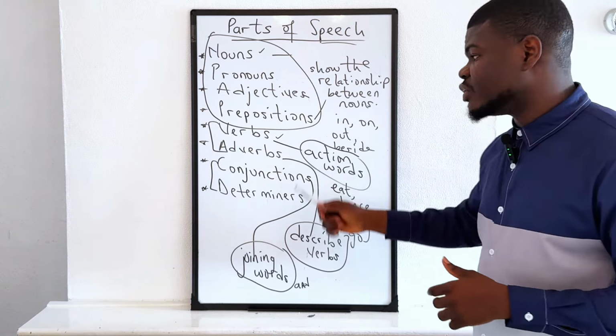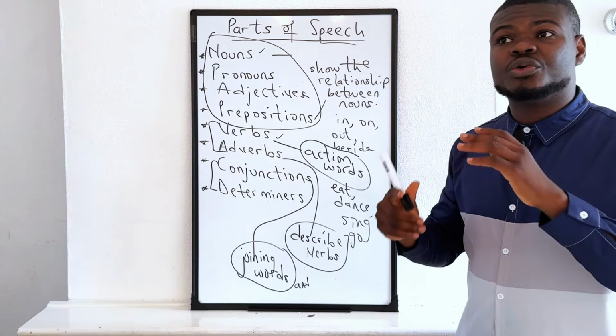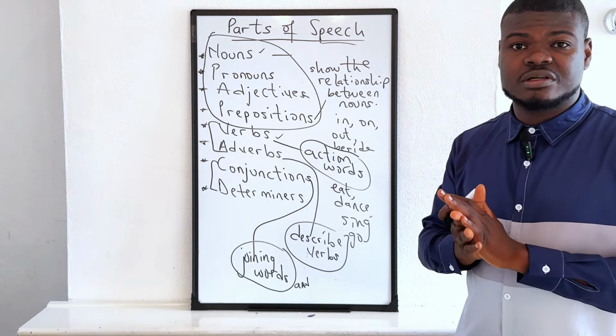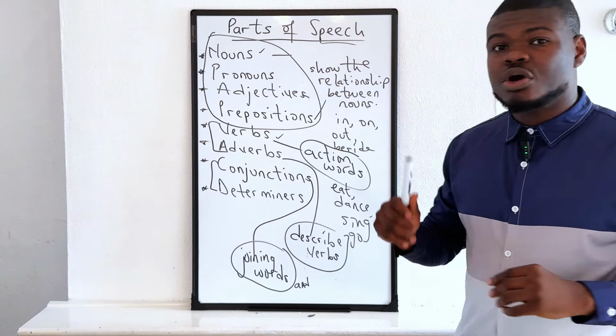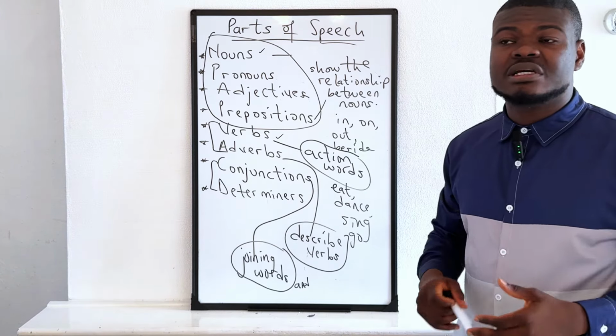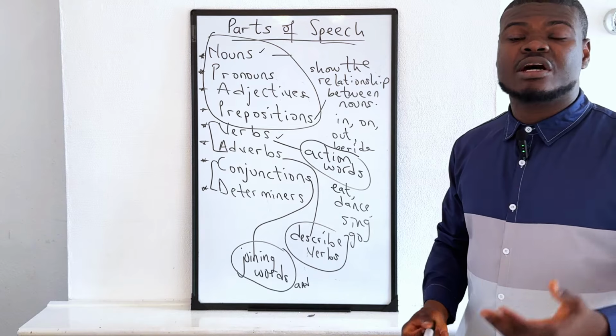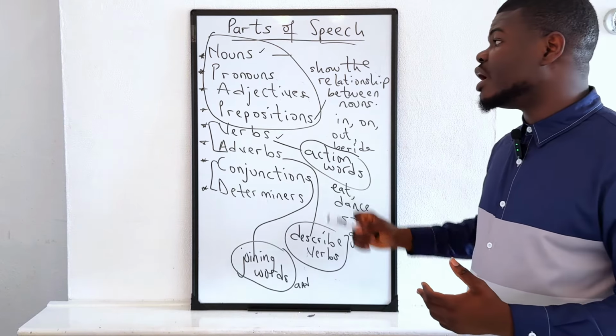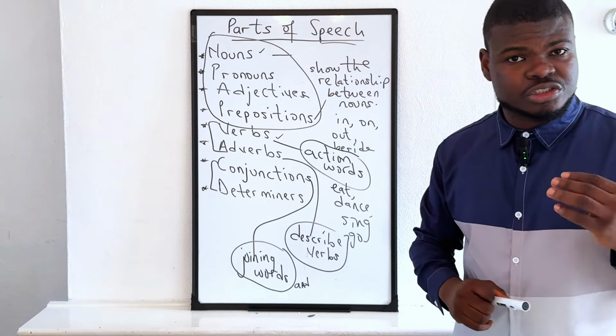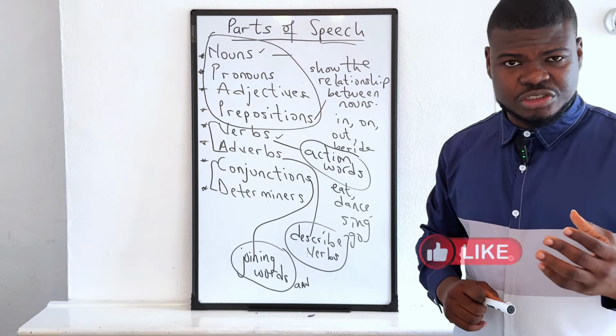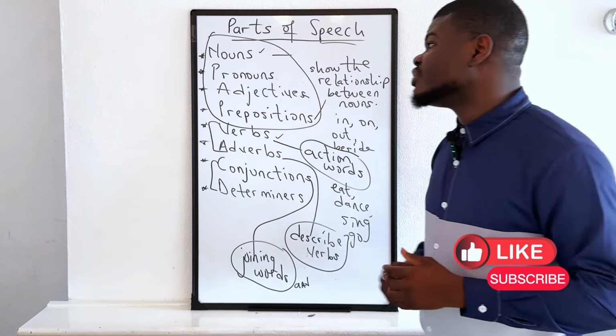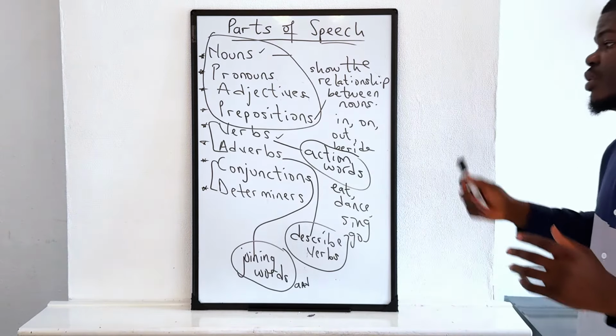Those are conjunctions. They join words together. So we could have and, or, but, neither, nor, either, or, etc. Those are conjunctions. Do you understand that?